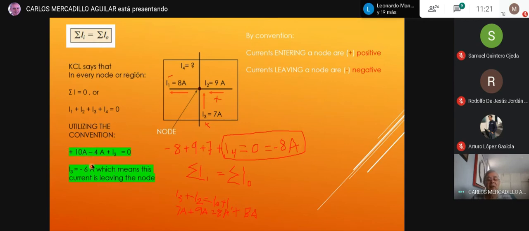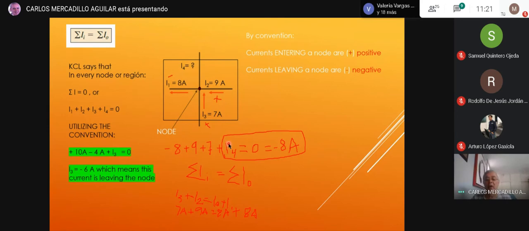Utilizing the convention, we will have here negative 8 amps. I omit here the amps. Negative 8 plus positive 9 amps plus positive 7 amps plus I4.